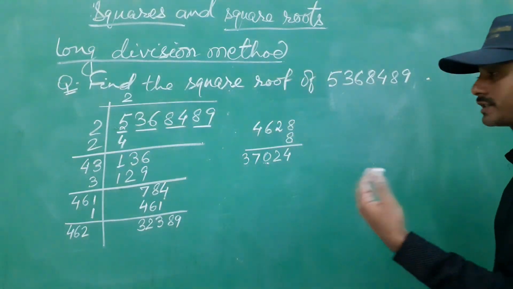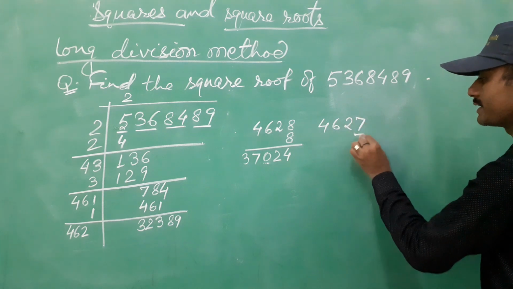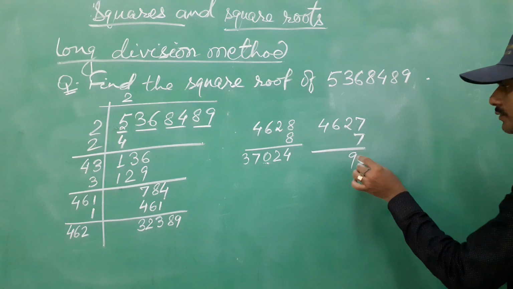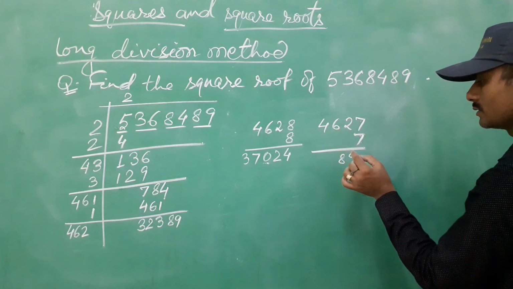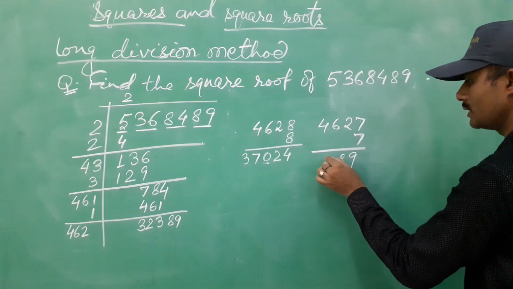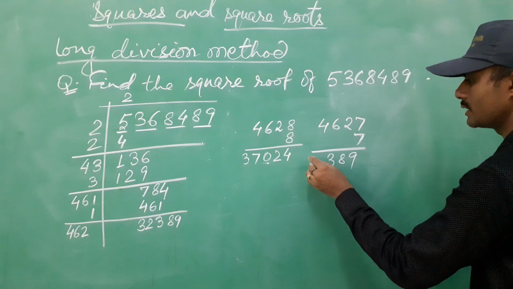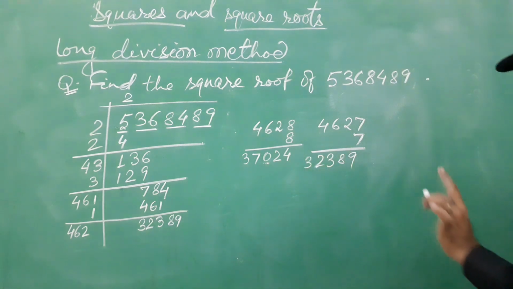Then try with 7. 4 6 2 7 with 7. 7 times 7 is 49, 7 times 2 is 14, 4, 18, 1, 42, 1, 43, then 7 times 4 is 28 and 4, 32. Yes, we are getting the same number.